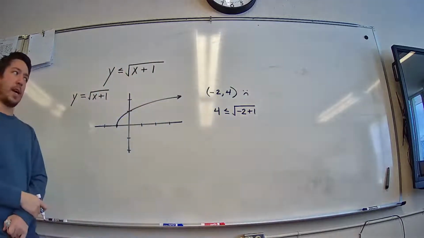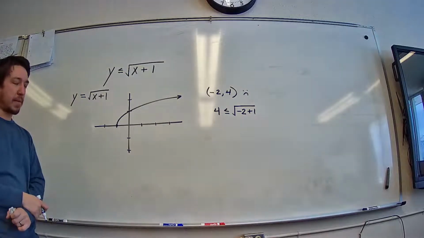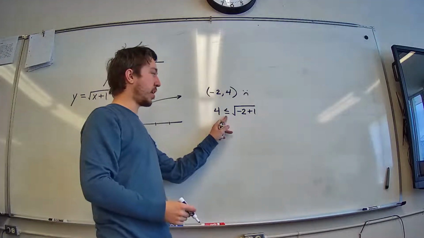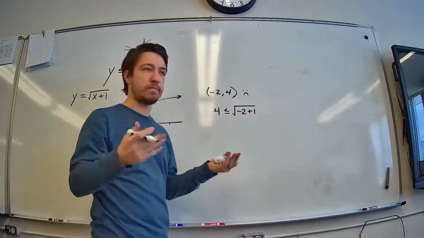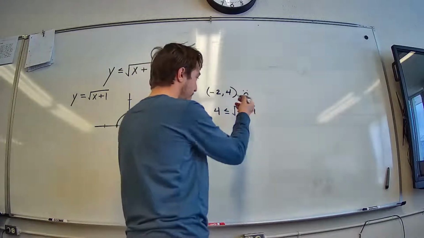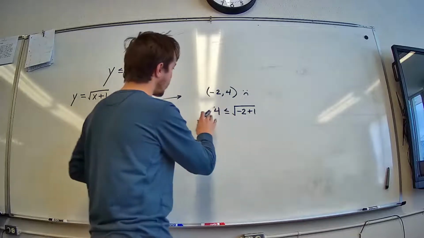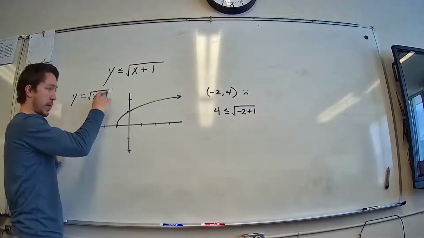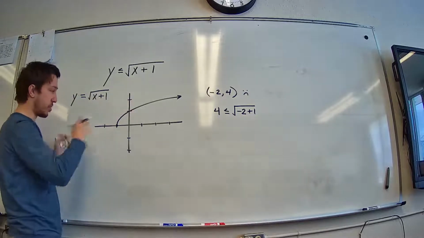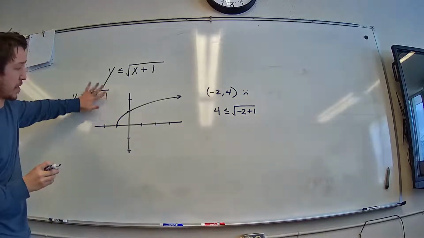Can't do it. That first of all is a very weird statement. Is 4 less than or equal to an undefined quantity? Well, we can certainly say that this is not a true statement. So a point like -2, 4, way up here, is not going to be in our zone. So you can rule that space out there.